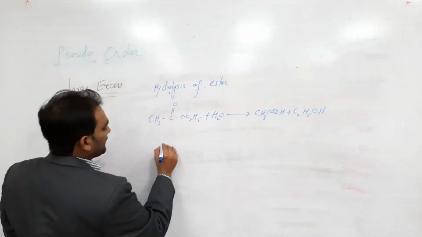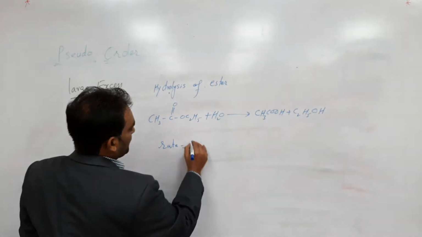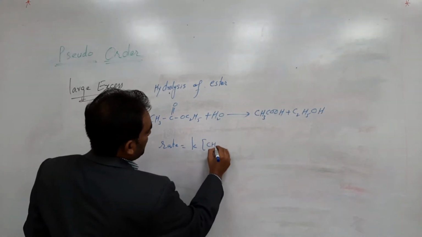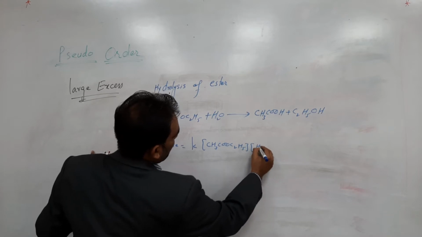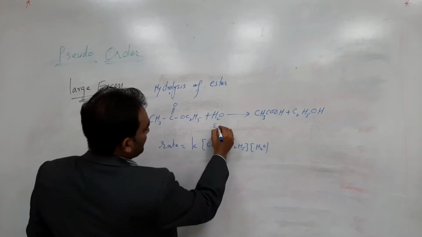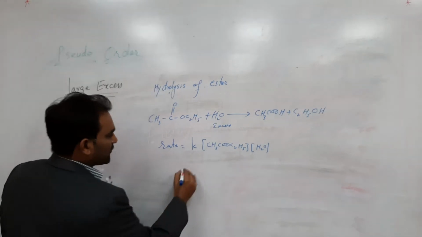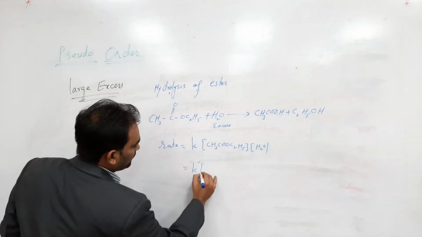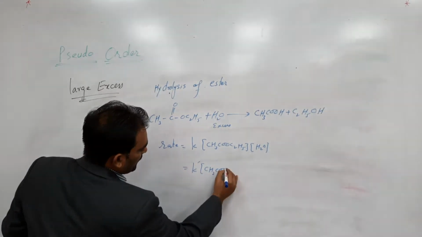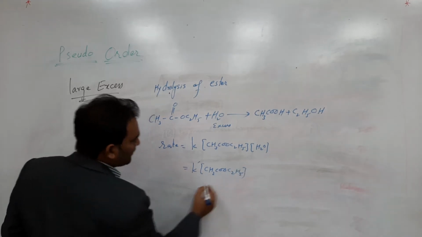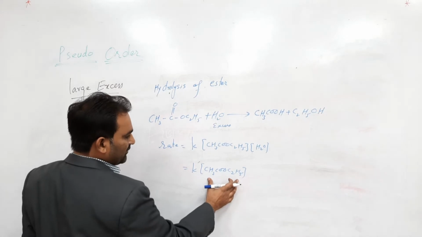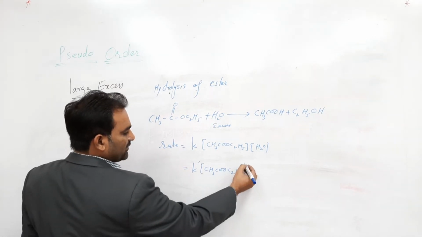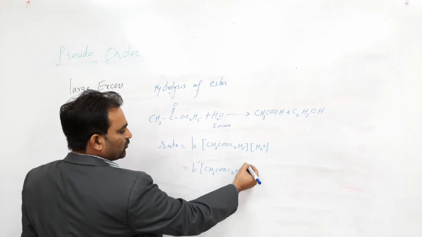Its rate will be k[ester][water]. Because water is in excess, its rate mainly depends upon the concentration of ethyl acetate, and its exponent is equal to 1.